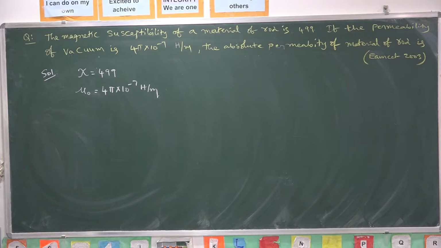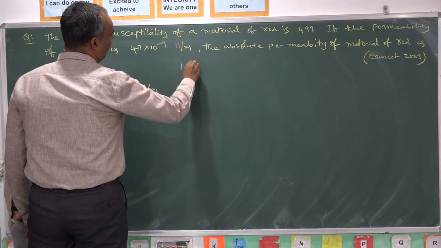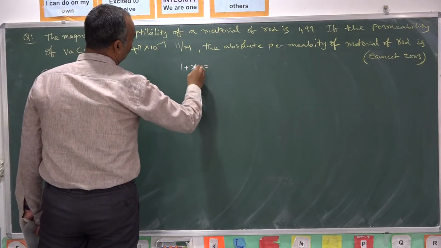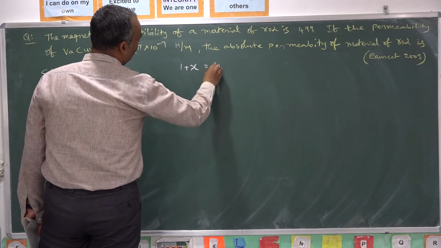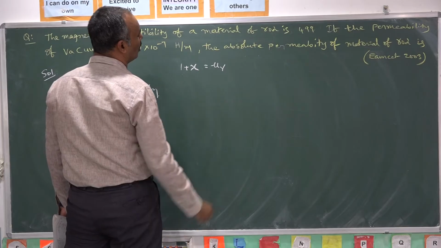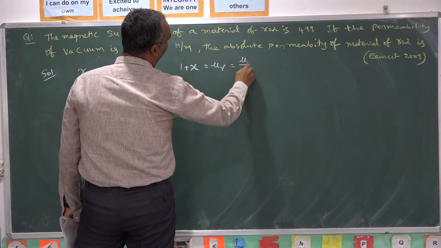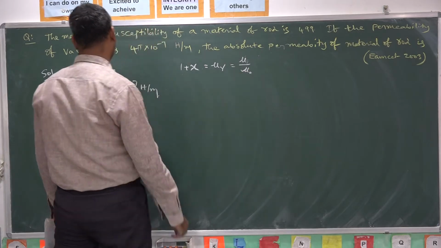The relationship is 1 plus chi is equal to mu r. Mu r is relative permeability, permeability of the medium to permeability of free space.